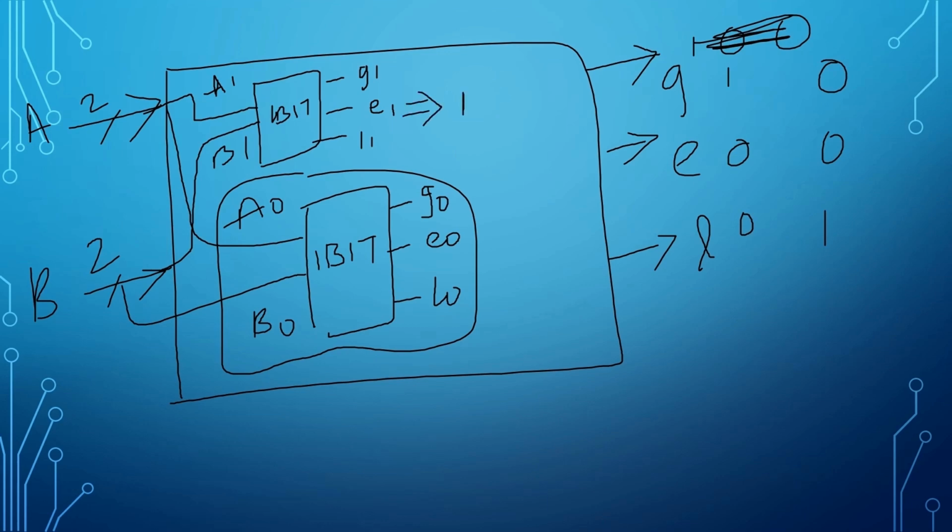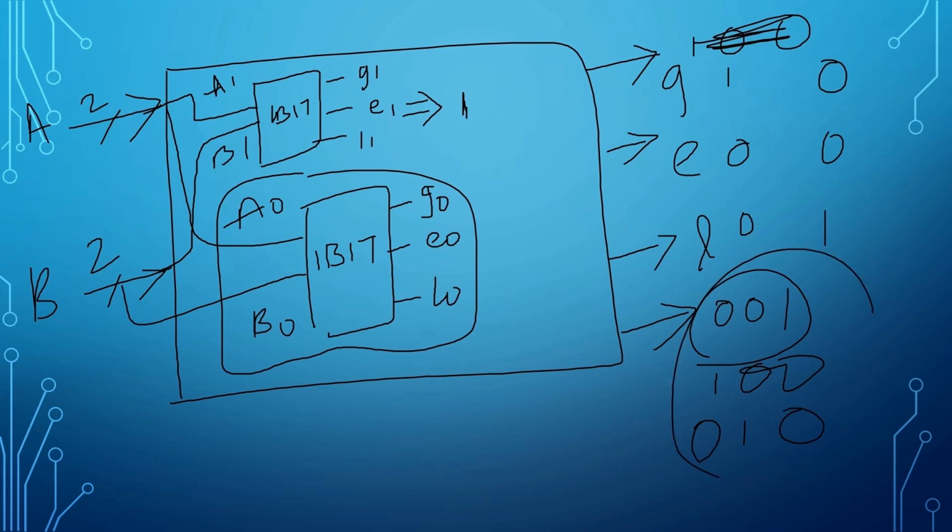What if A1 equals B1? That means this condition becomes 1, then we need to look at this circuit. The same thing applies here. When A0 is less than B0, we get main output 0 0 1. If A0 is greater than B0, we get 1 0 0. And if A0 is equal to B0, we get 0 1 0. This is how we get the outputs.